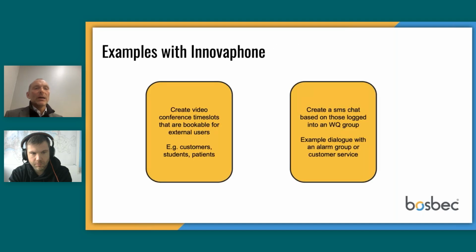So now I have two examples that I would like to show you, and how I'm using those examples from myApps. The first part is how I can create time slots connected to the video conference solution in innovaphone. And I can create time slots that customers, students, or parents can book to create meetings.